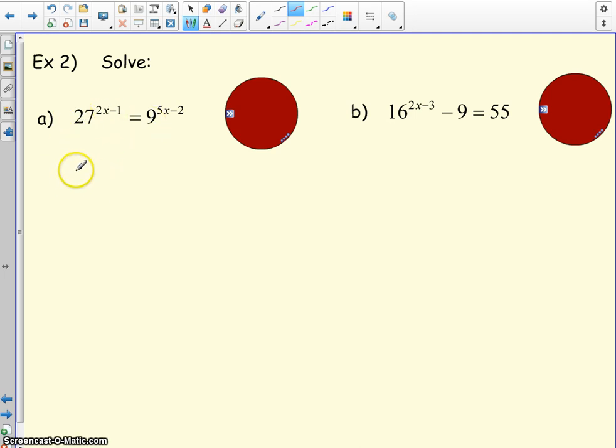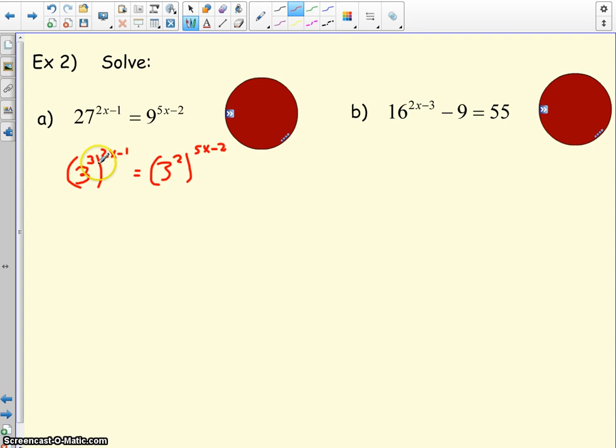So I can rewrite 27 as 3 cubed. Okay, and I can rewrite 9 as 3 squared. Because again, my goal here is to have the exact same base on both sides of the equation. I don't have that up here because I have bases of 9 and 27. Now I do. I have bases of 3 on both sides of the equation. So before I can work with the exponents, I'm going to simplify first.